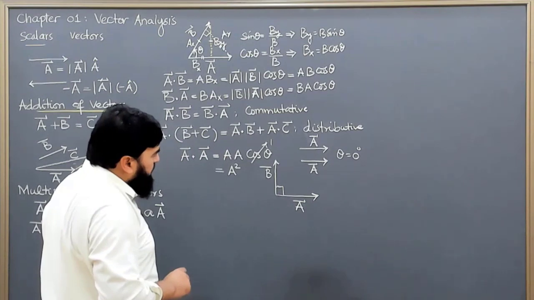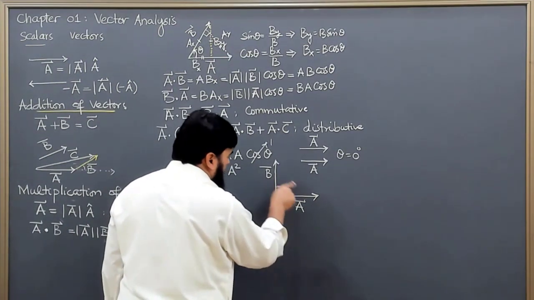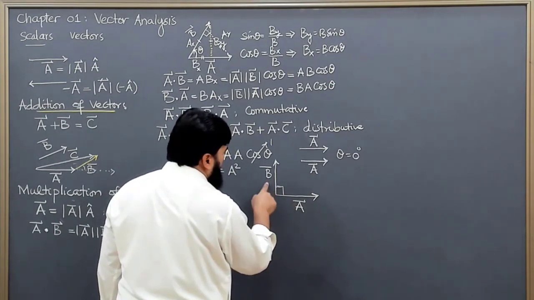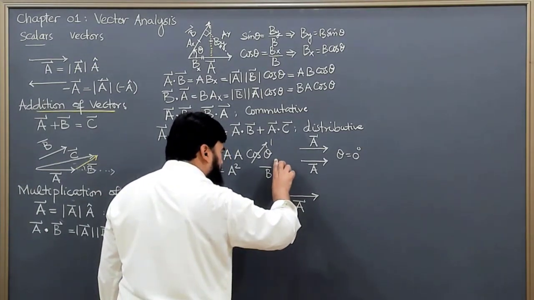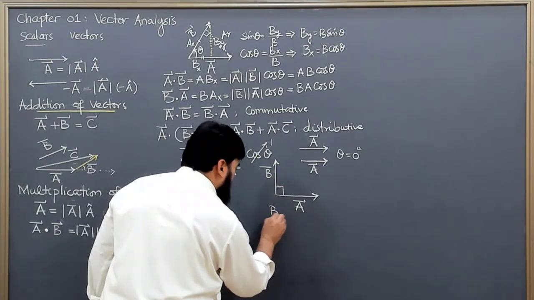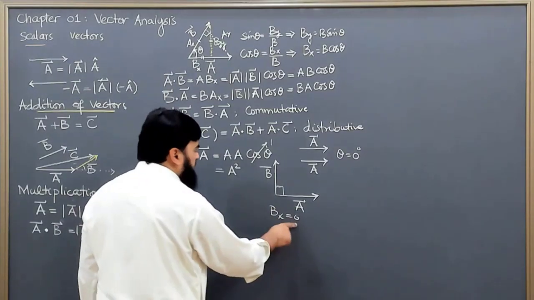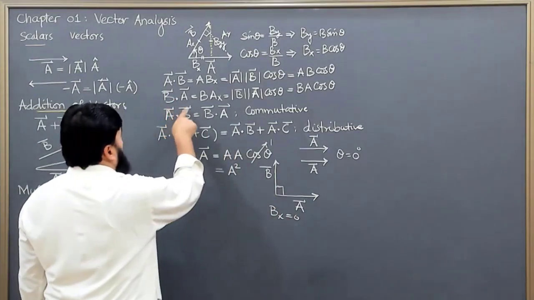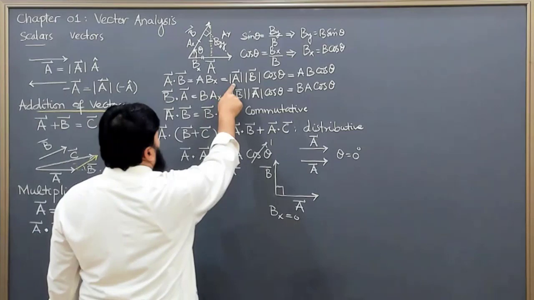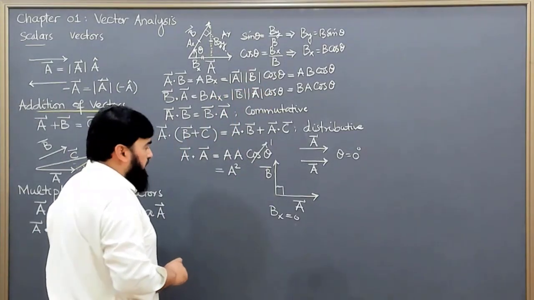Now, how much is the projection of this vector along this vector? This one does not have any x component. Its x component is equal to 0. And due to that reason, it will come out to be A times 0 and then the angle between them.